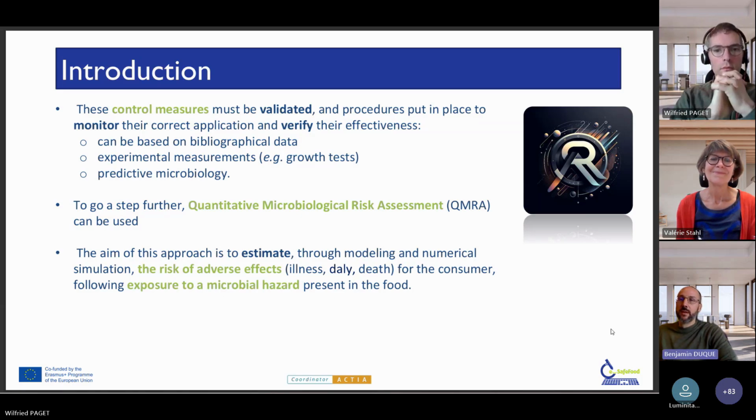And sometimes risk analysis goes beyond traditional criteria by using quantitative microbiological risk assessments, which involve modeling and numerical simulation to estimate consumer health risks following an exposure to microbial hazards present in the food.